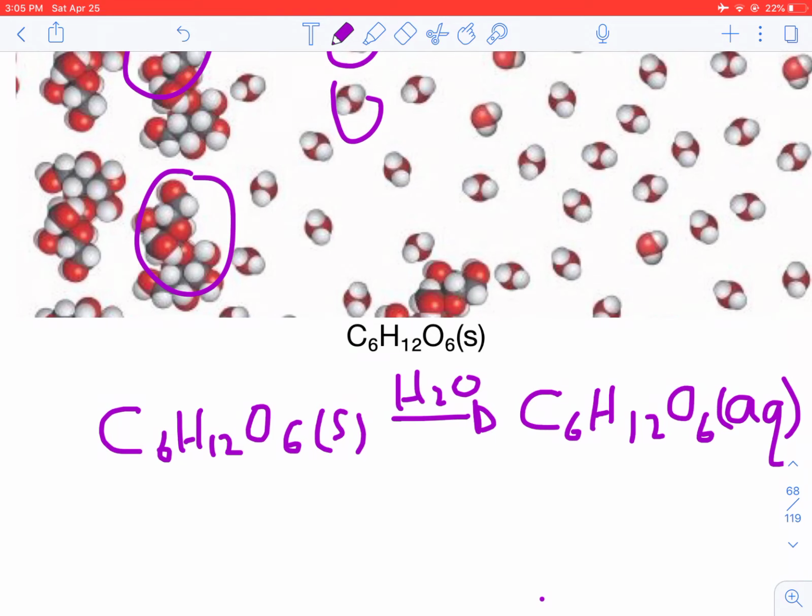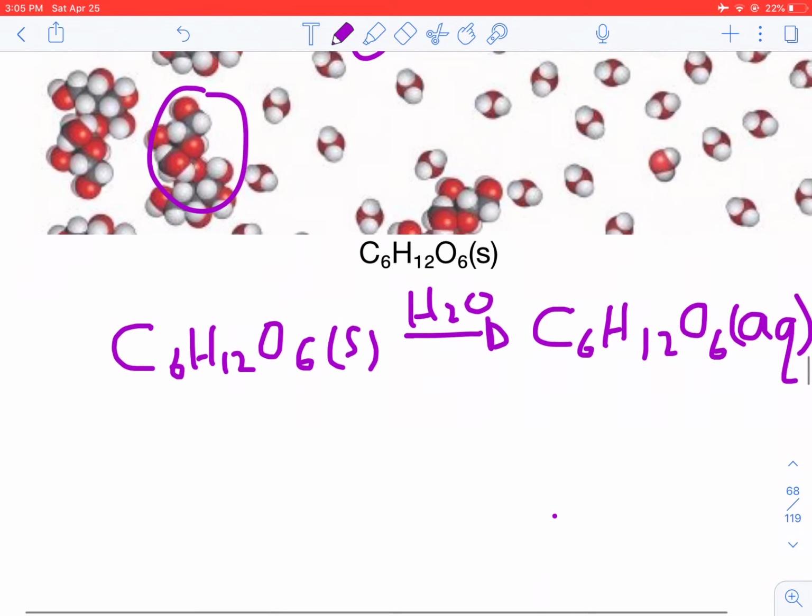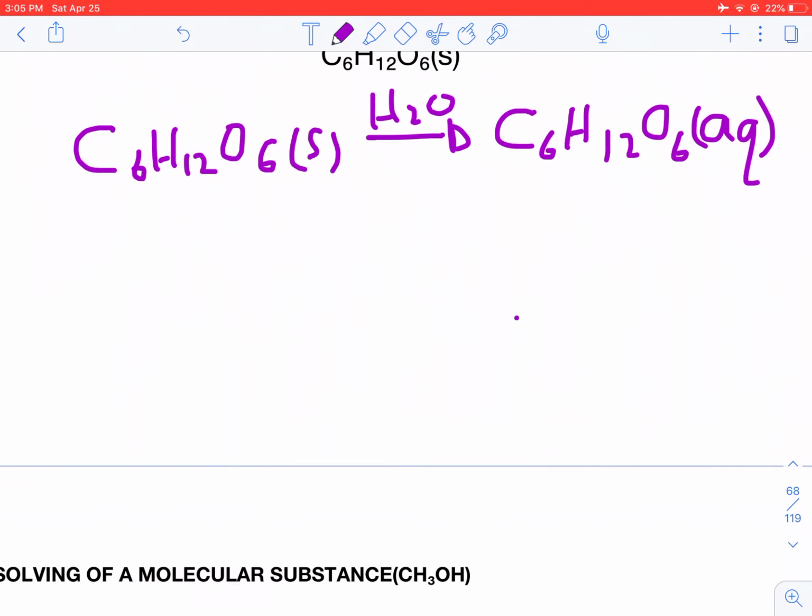That means that the sucrose has dissolved in water, and the fact that we write aqueous there indicates that it's in solution. So whenever it dissolves in water, we put down aqueous to show that it's in a water environment and is dissolved in water.